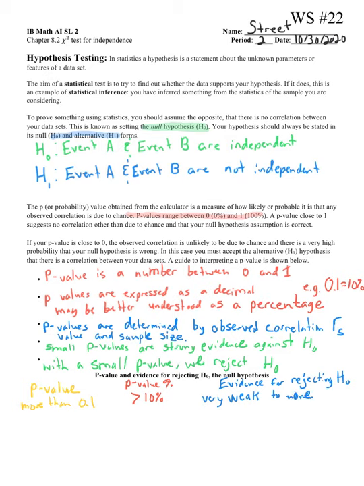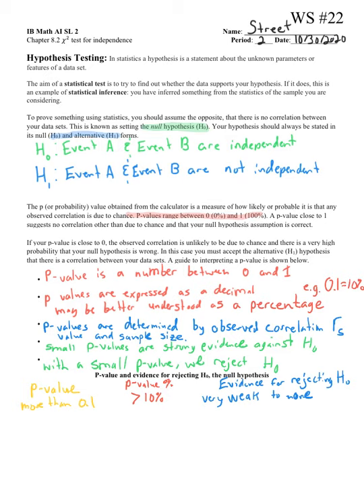Which basically means if you get a p-value greater than 10%, then that means that your two events are likely independent events. All right, one's not causing the other. Okay, that's what this testing is trying to prove.